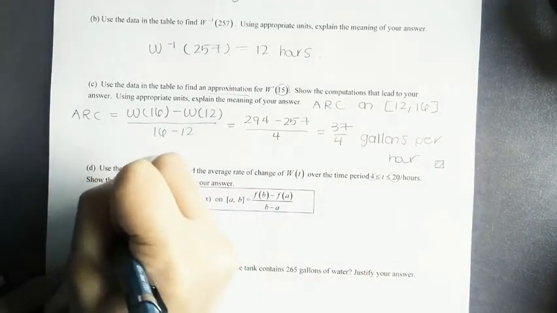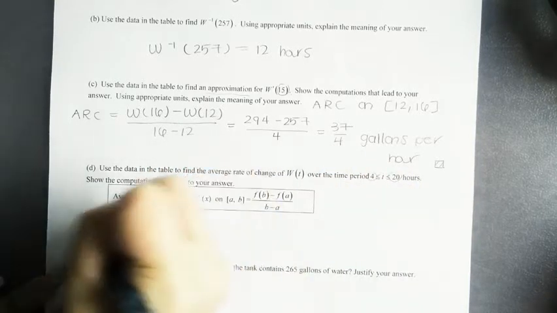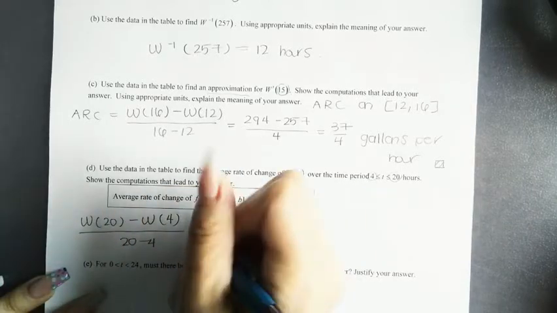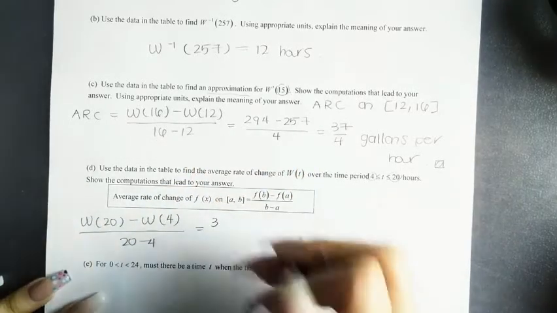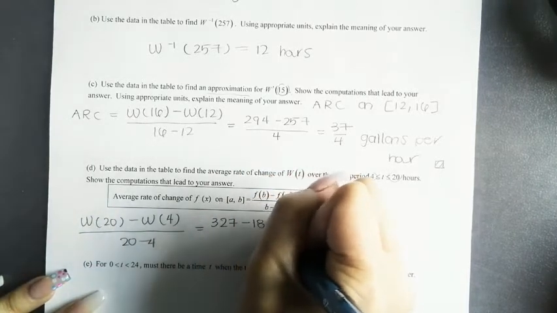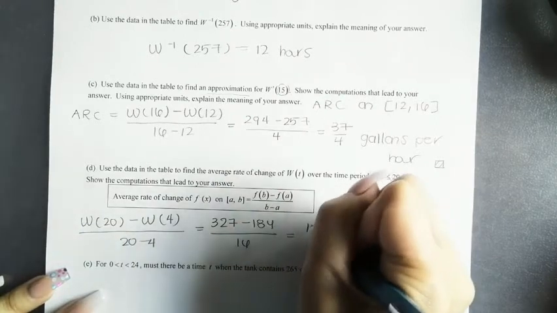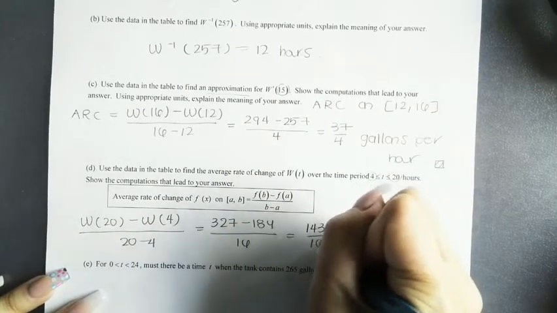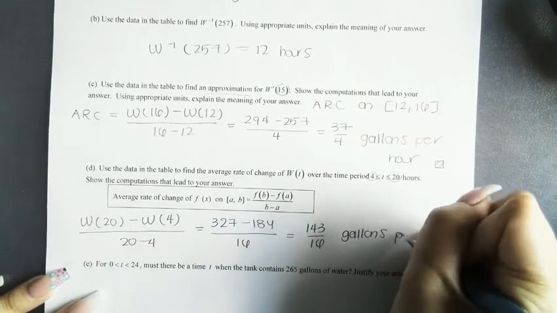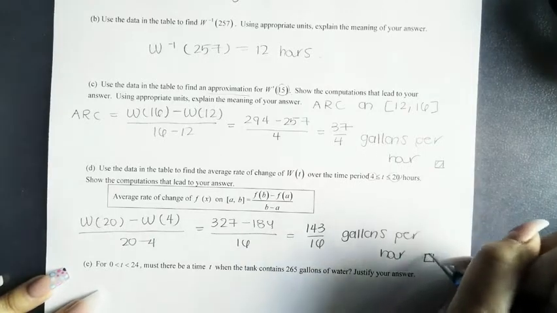Average rate of change is W of 20 minus W of 4, divided by 20 minus 4. Look at your table: 327 minus 184 divided by 16. This is equal to 143 divided by 16, and you know that this is gallons per hour. So you can see that application problems actually are pretty easy.